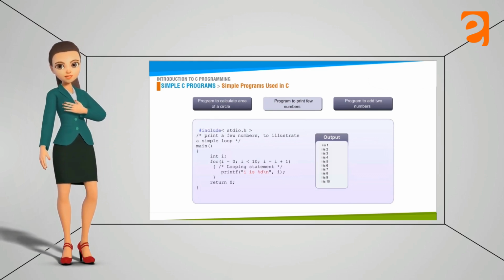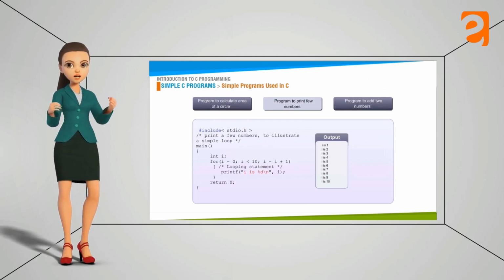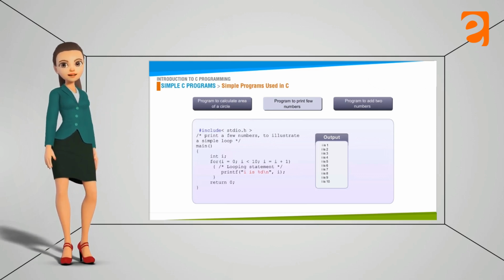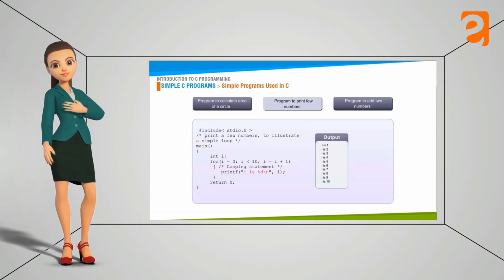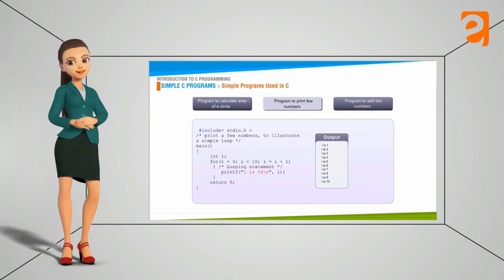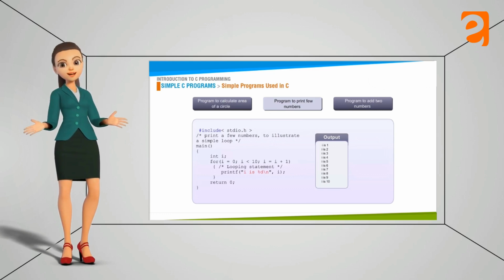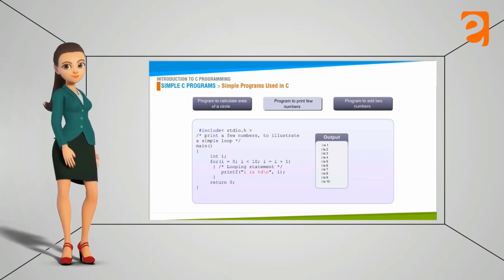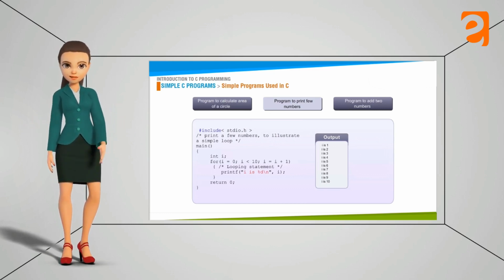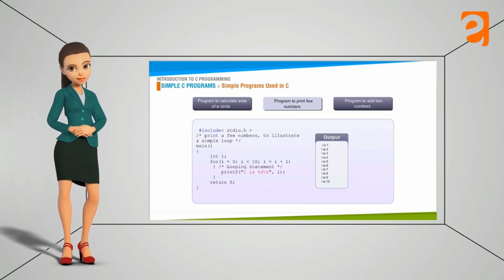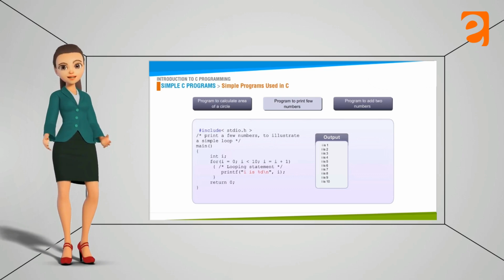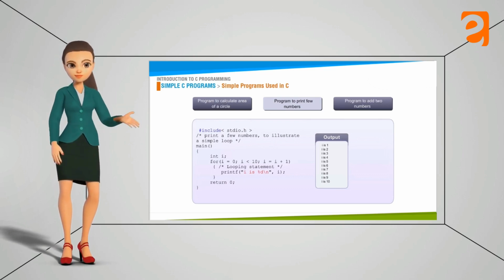Now, let us take a look at the second program, which prints a few numbers. As usual, we start the program with the main function. Suppose we want to print numbers from 1 to 10. For this, let's create a variable i. We are using a for loop which has 3 parts, namely the initialization, condition, and the increment or decrement.